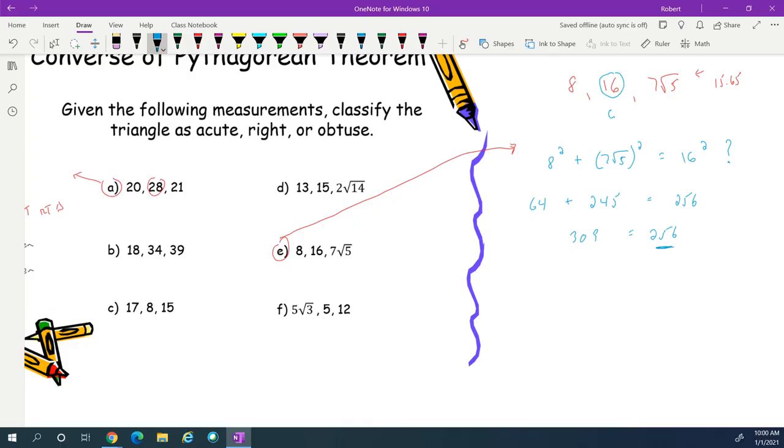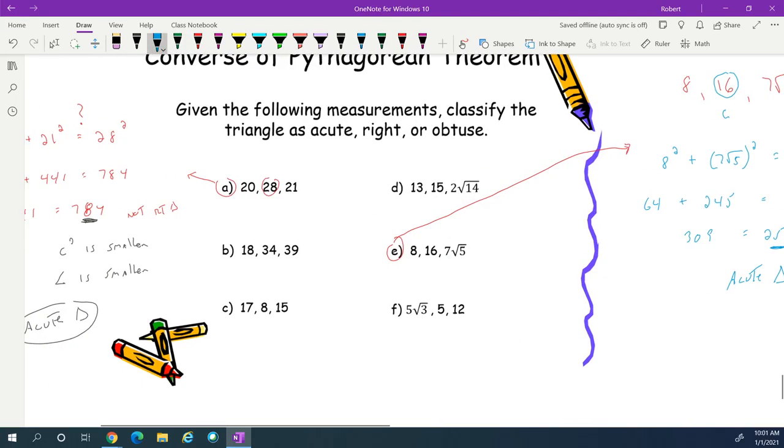And again, look at that C squared number. Since it is smaller, this is an acute triangle. Okay. If that number was bigger, it would be obtuse.